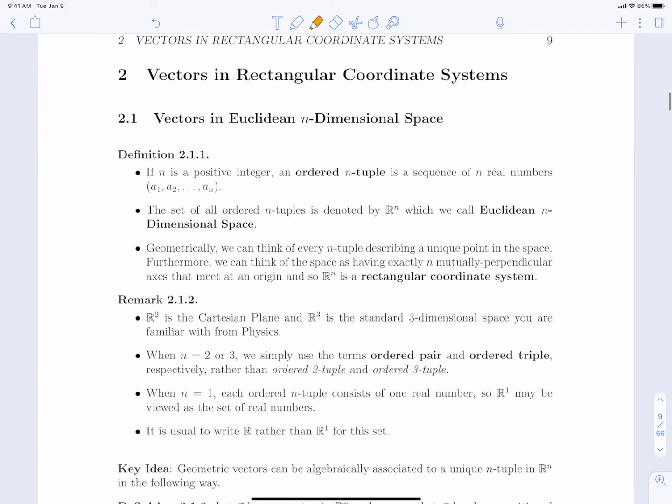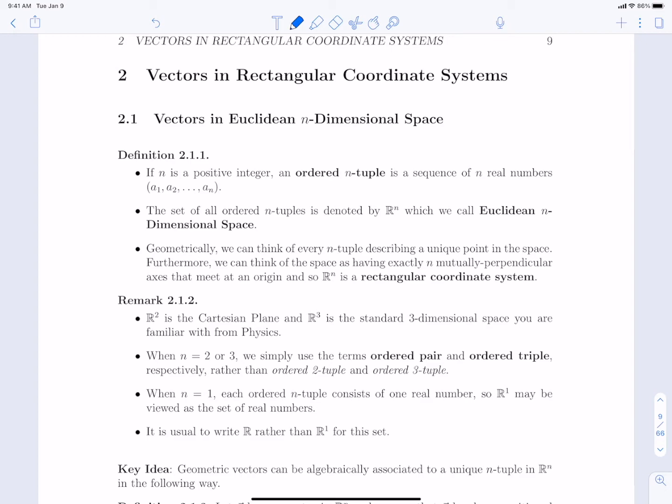So now we're going to move on to the second section here, and we're going to talk about vectors in our rectangular coordinate system. So up until now, we've been talking about our vectors from a very geometric perspective, but one of the most beautiful things about linear algebra, and especially vectors, is that they are really the link between geometry and algebra.